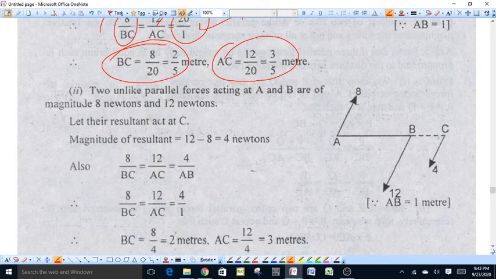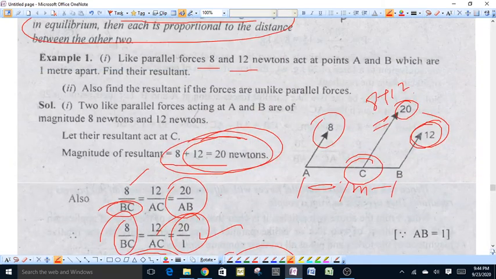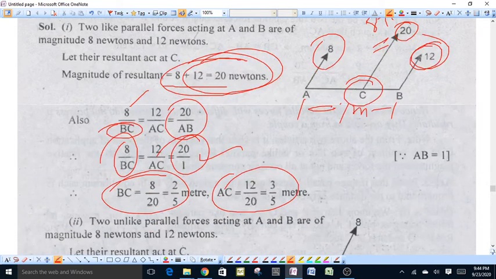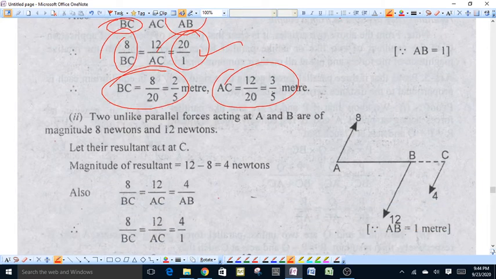Suppose we have these forces acting at points A and B, of magnitude 8 newtons and 12 newtons, and suppose these two are unlike parallel forces. At point A, the 8 newton force acts in an upward direction, and at point B, the 12 newton force acts on the rigid body.